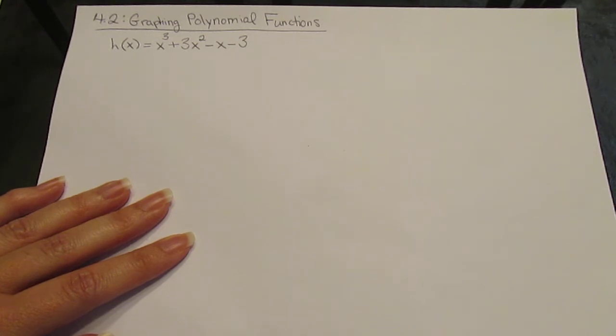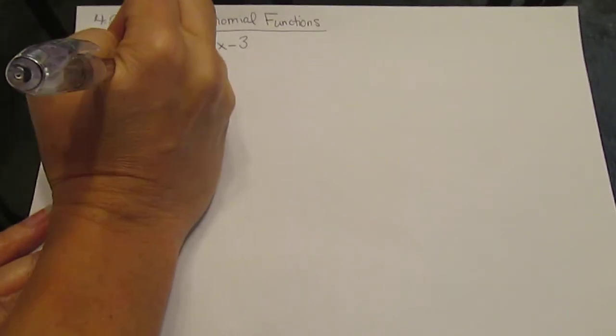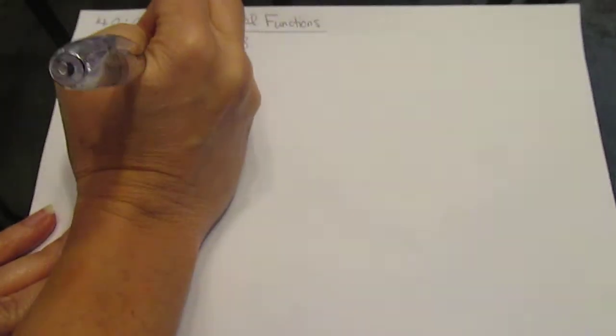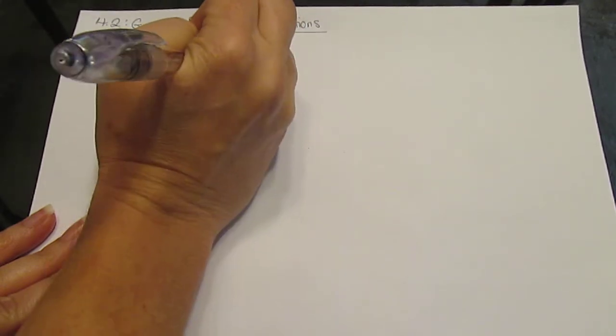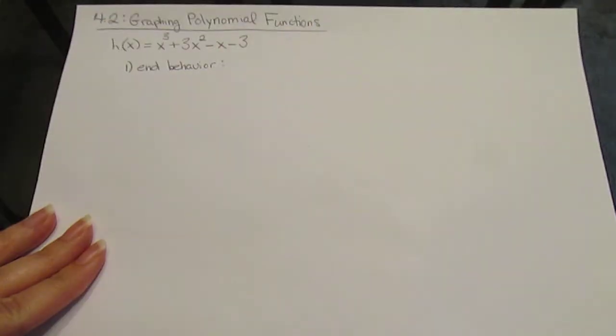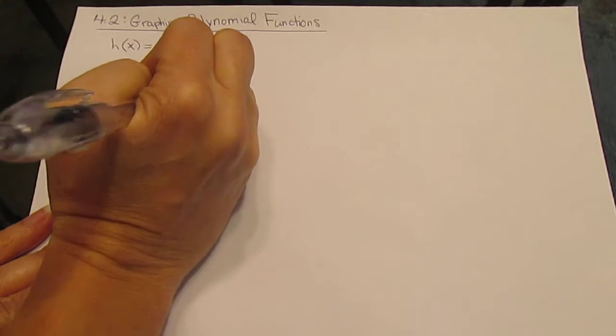The first thing that you want to do is find the end behavior like we did in the last section. To find the end behavior, we need to look at the degree and the leading coefficient.